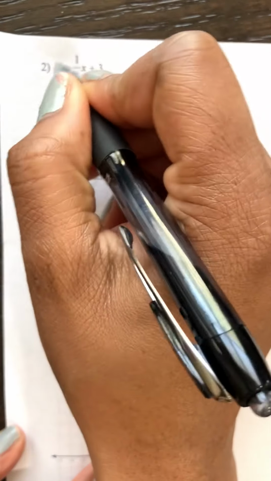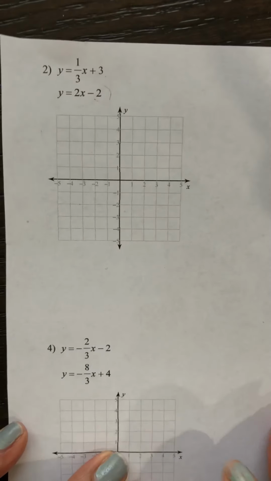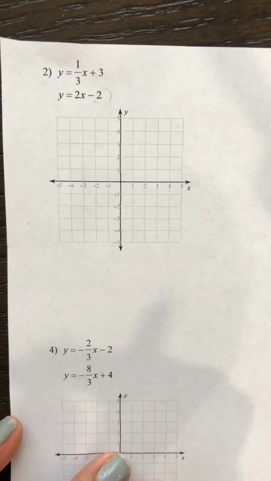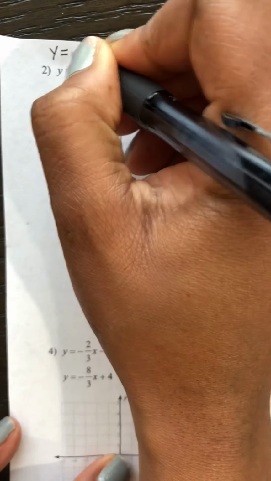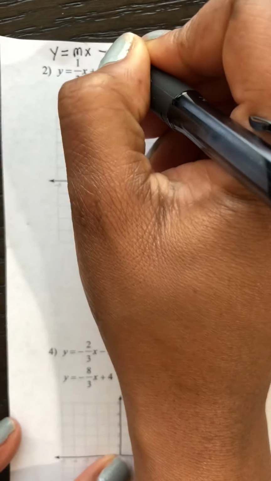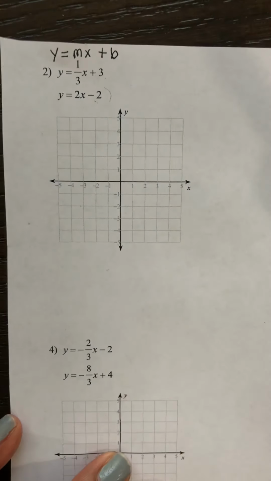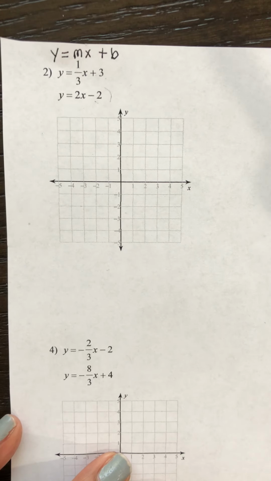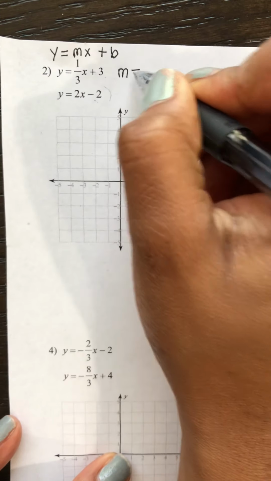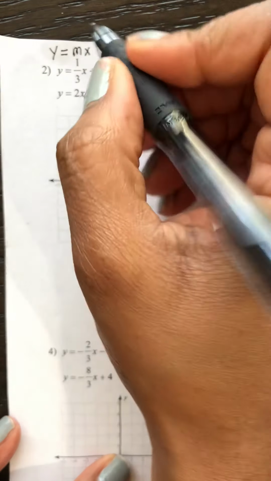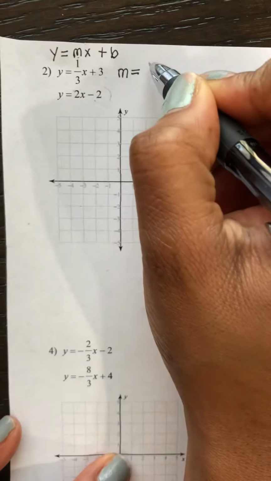All right, so we'll start with this equation. Y equals 1 over 3x plus 3. So if this equation is in slope-intercept form, remember m is our slope and b is our y-intercept, that means that our slope, or our m, for that equation would be 1 over 3.